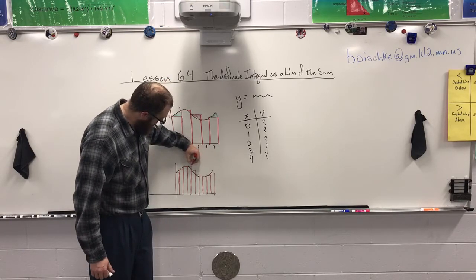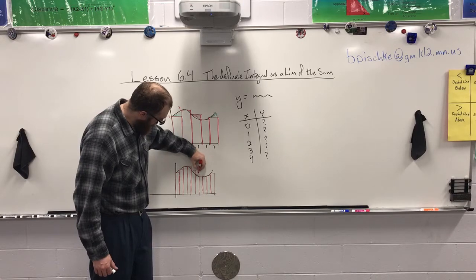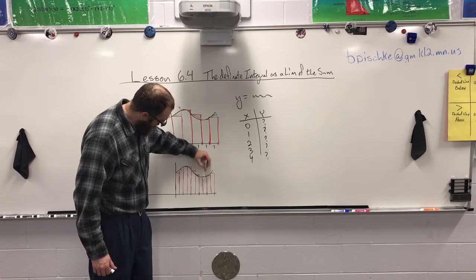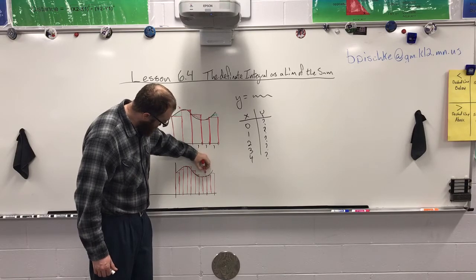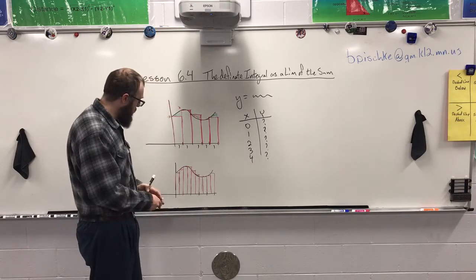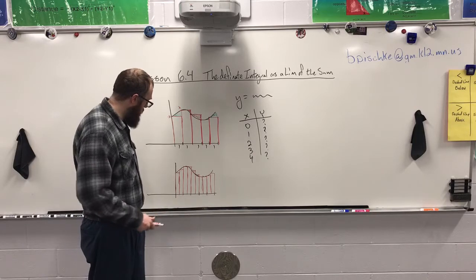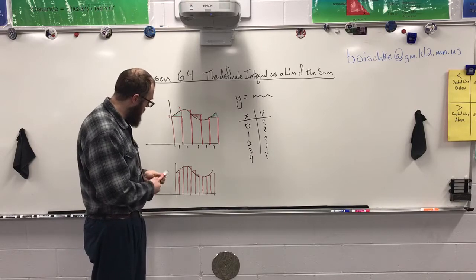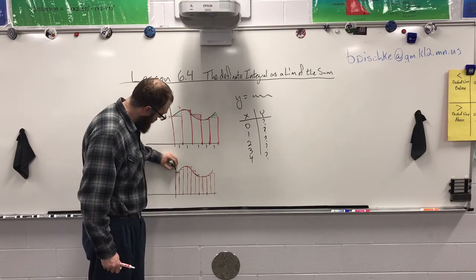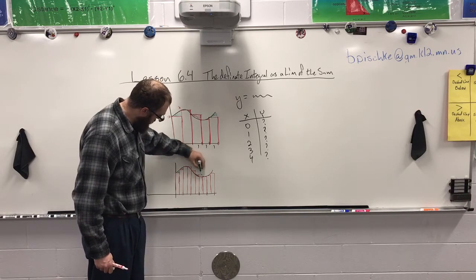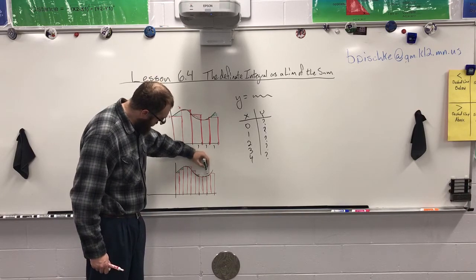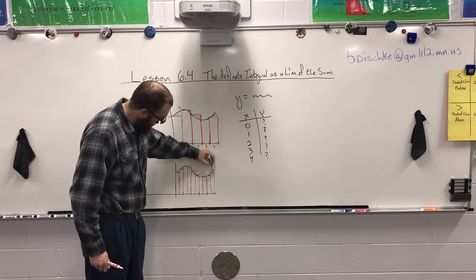We're over here, we're over here, we're a little over there, and we should be right on there. But you're also under here, and you're losing a bit there, you're losing just a tiny bit here, and here, and here, and here.